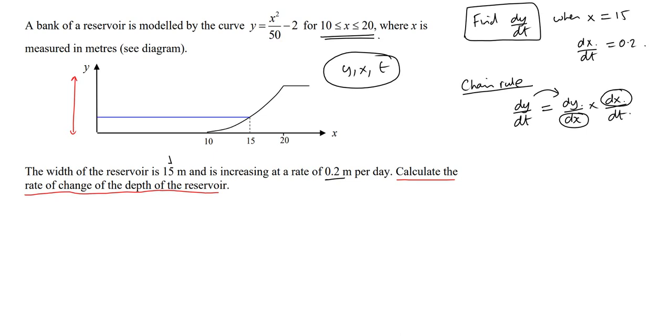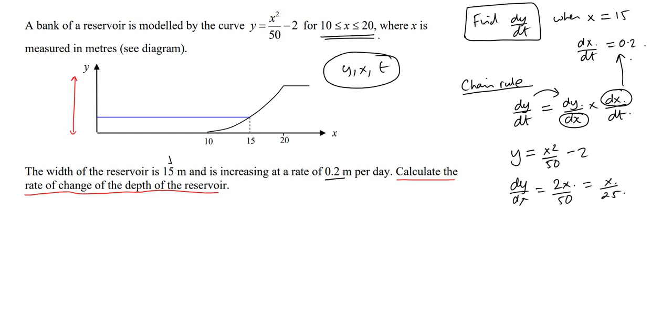So we need to find out what dy by dx is, but we already know what dx by dt is. We can find dy by dx because y equals x squared over 50 minus 2. If we differentiate that, we get 2x over 50, which is x over 25.